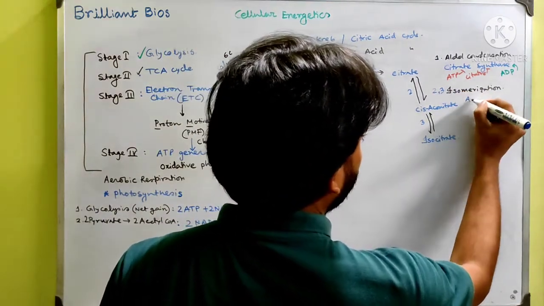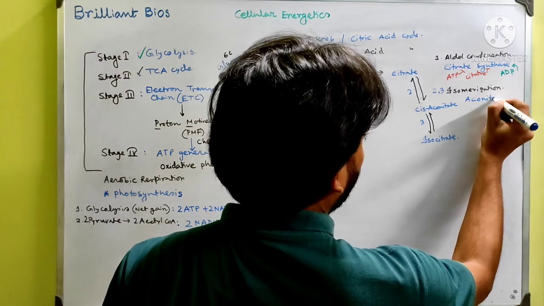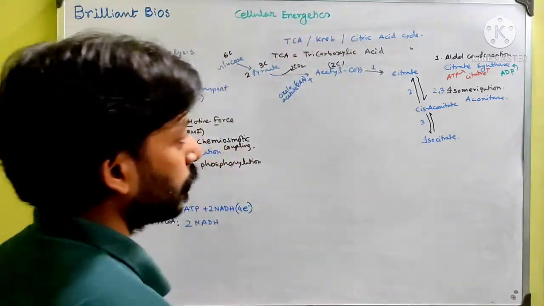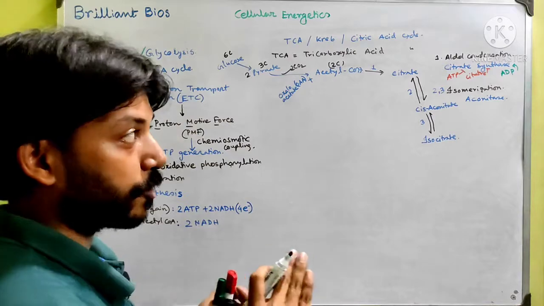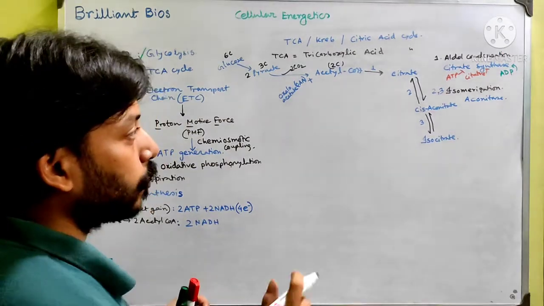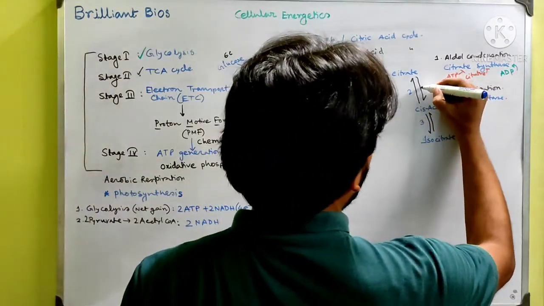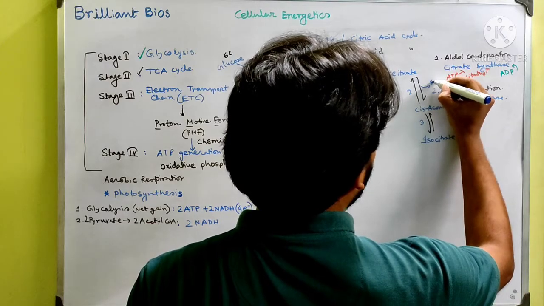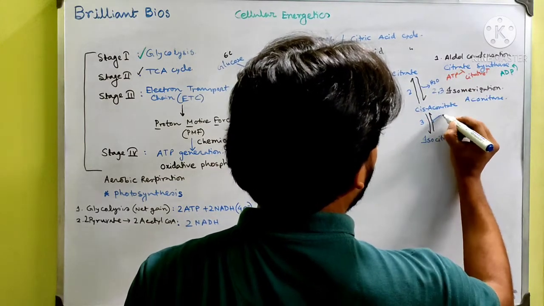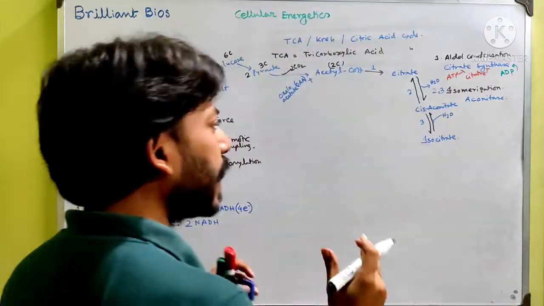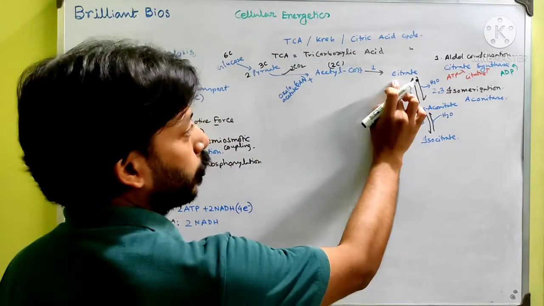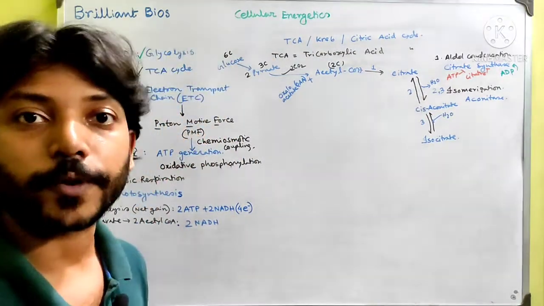The second and third steps are performed by an enzyme called aconitase. So this step is reversible. What happens here? One water molecule comes out in this step and a water molecule enters in this step, rearranging the citrate molecule to isocitrate, so it is called isomerization.